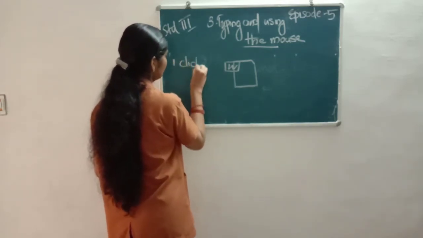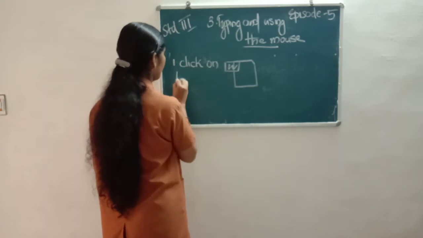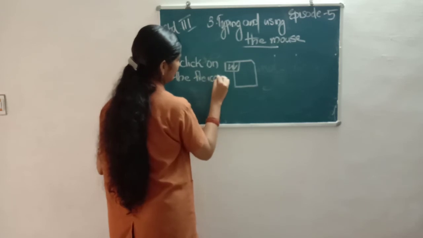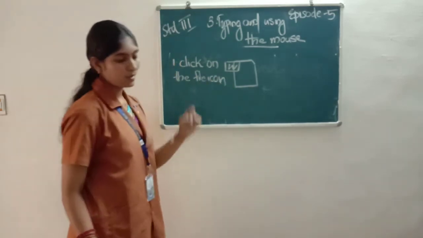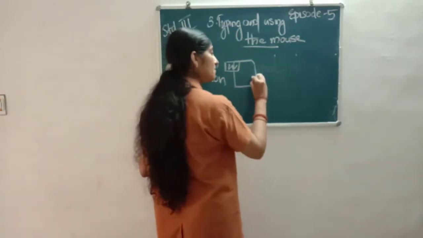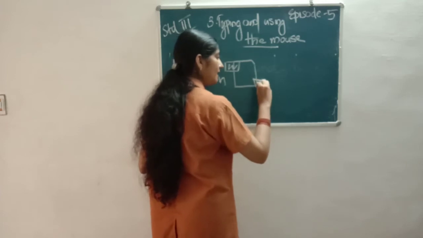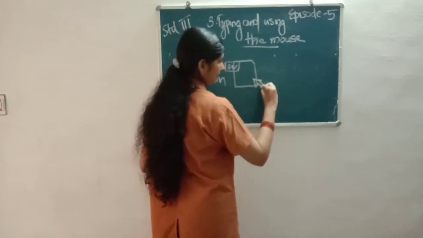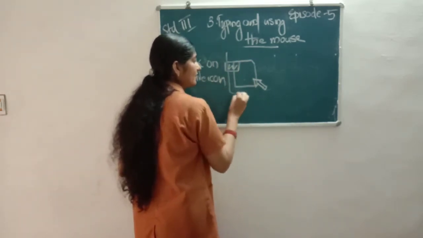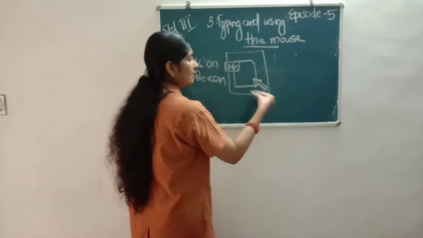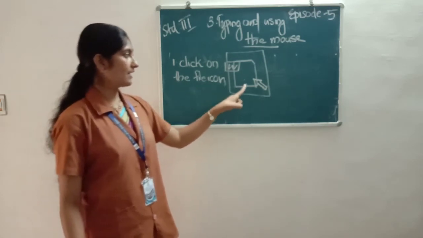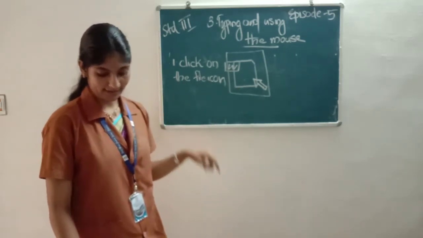So, how to do? First, move the mouse pointer to this file. Okay, and then click this file. Finally, a selection box will appear. So, that is the click on the file icon.